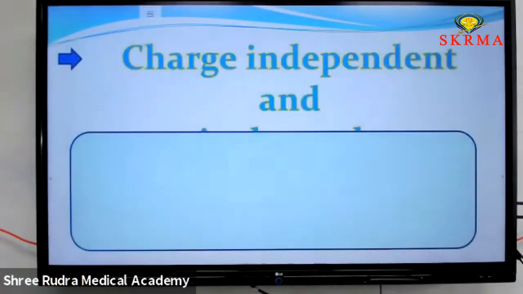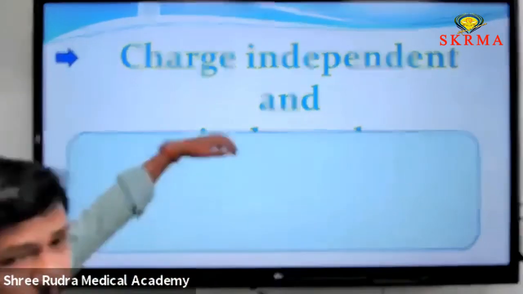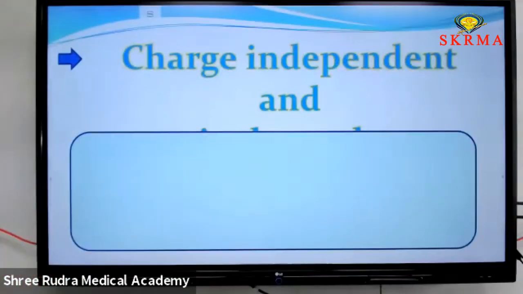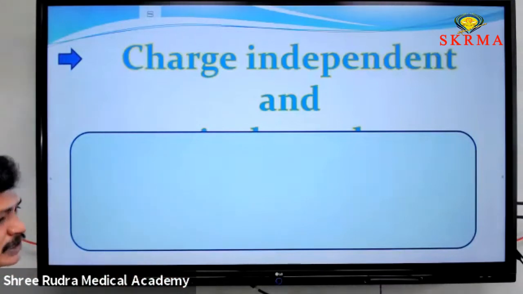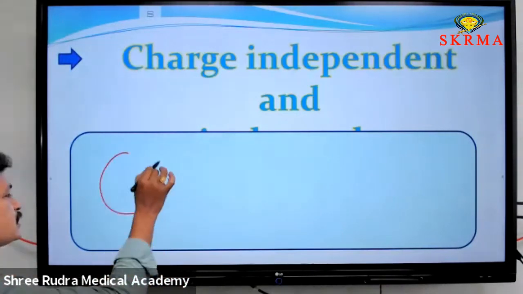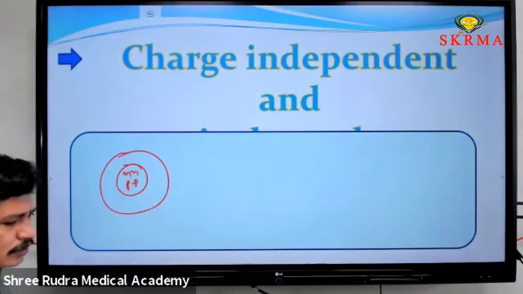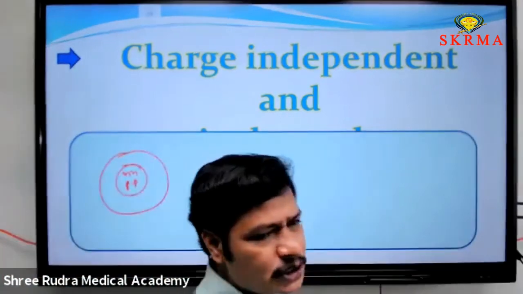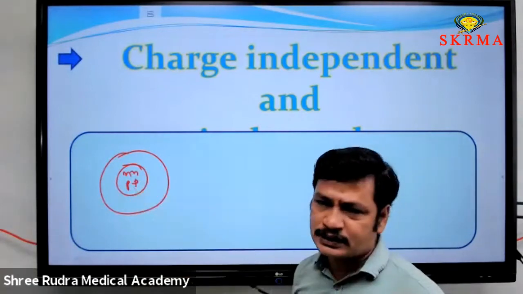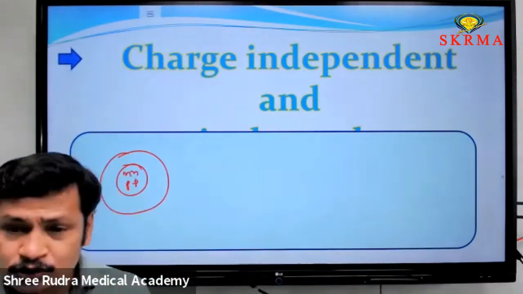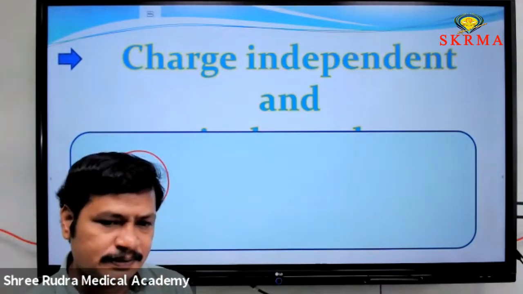The next important property is they are charge independent, and another property is spin dependent. What is charge independence? Basically, one misconception is that inside the nucleus there are protons as well as neutrons, but the neutrons are generally neutral particles, you know very well. The protons are positively charged particles. There exists an electrostatic repulsion force between two protons inside the nucleus.